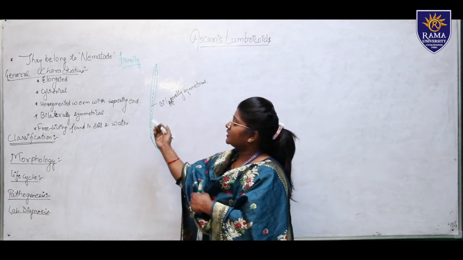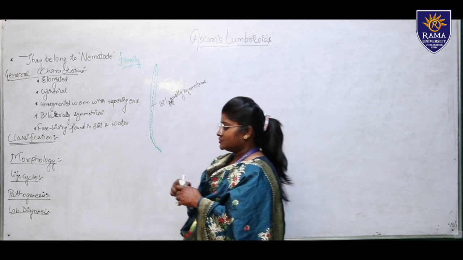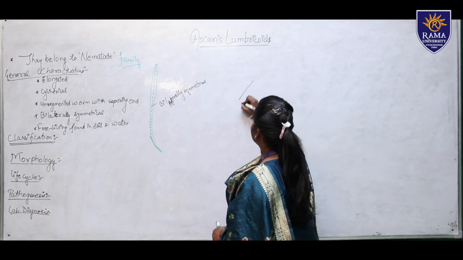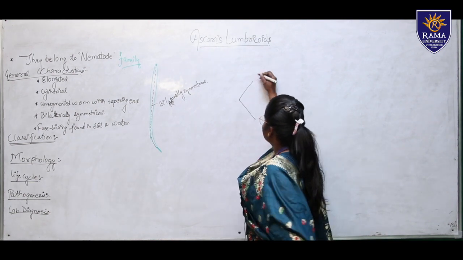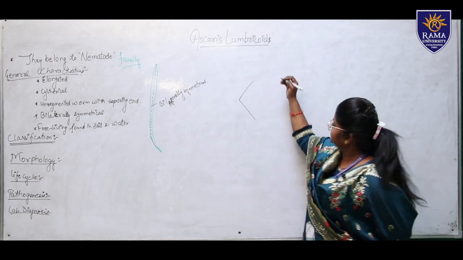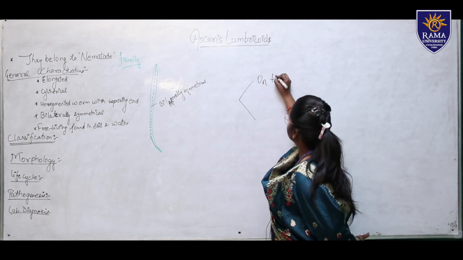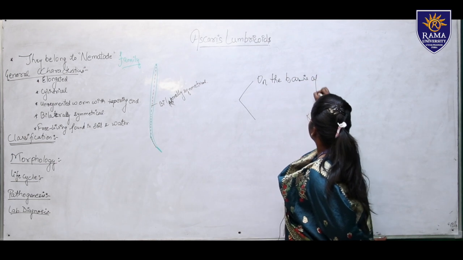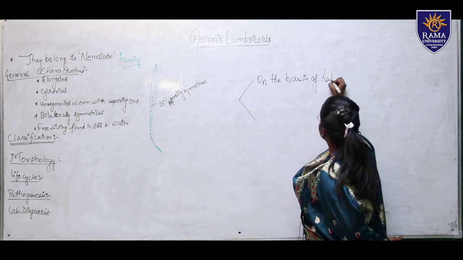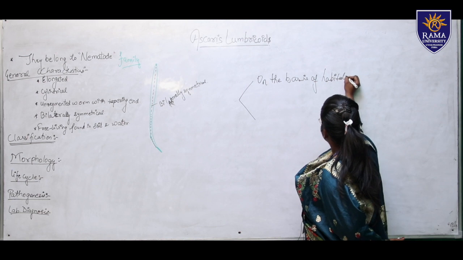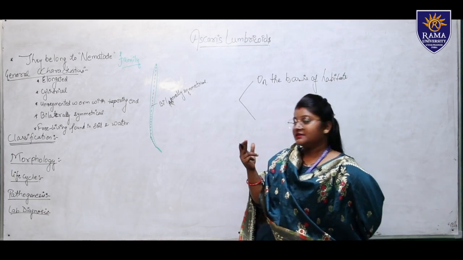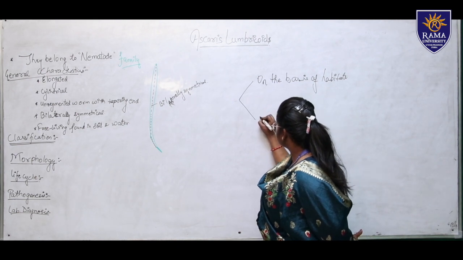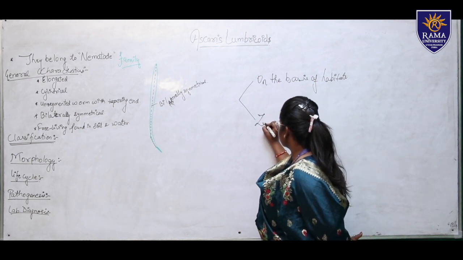Now let's talk about classification. What is the classification? This nematode family is divided into two parts. Number one is on the basis of habitat, and another one is on the basis of zoonosis.